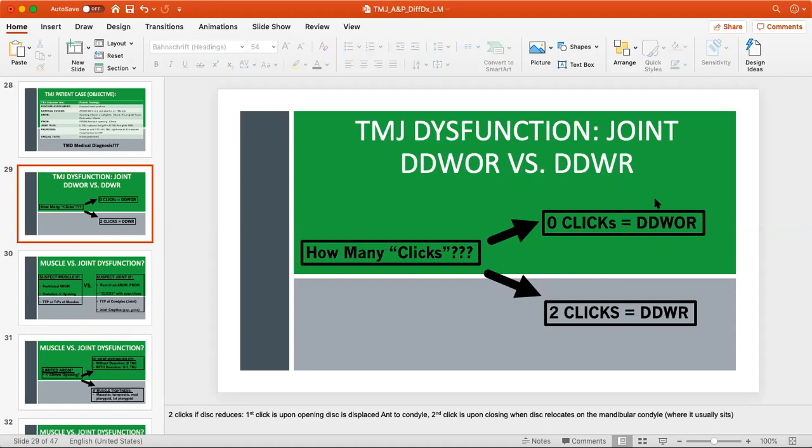And then it's going to reduce, or relocate back onto that condyle as you close. So it's going to click off, it's going to click on. Two clicks, disc displacement with reduction. So that's really going to be your go-to standard for differentiating between those two types of disc dysfunction: do you have clicks?